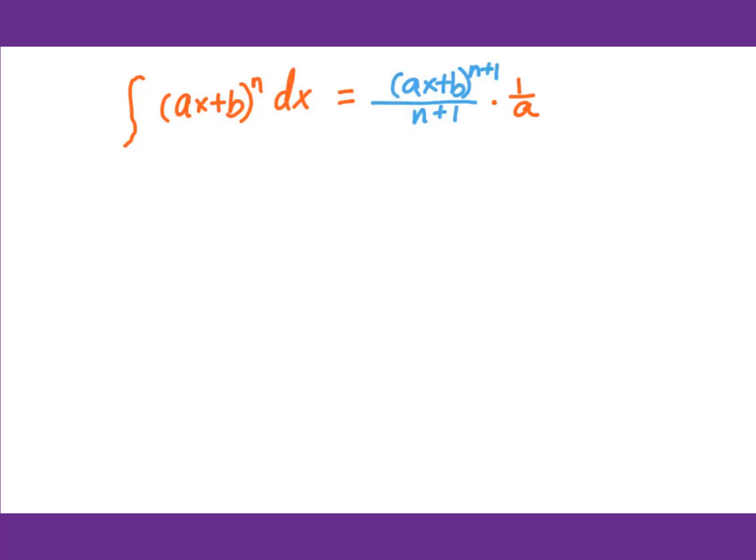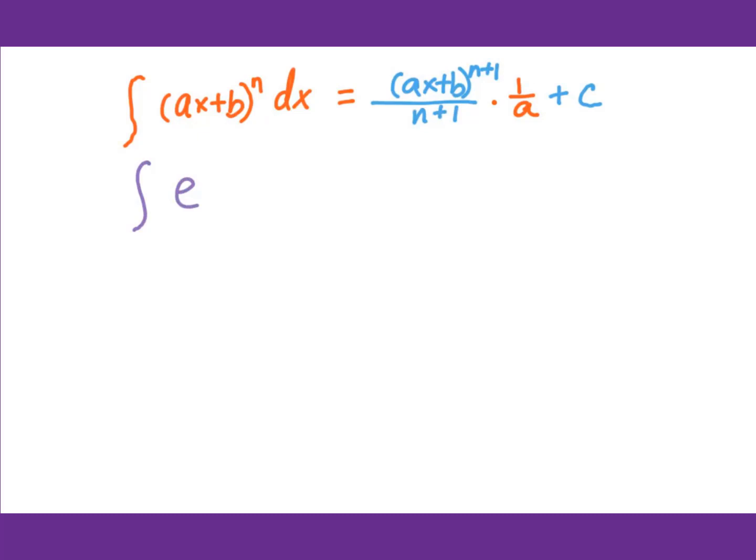For example, if I have ax plus b to the nth power, we do the integral. Then same thing, we do the ax plus b to the n plus 1, then over n plus 1. But don't forget that 1 over a do the multiplication, then plus a constant number.